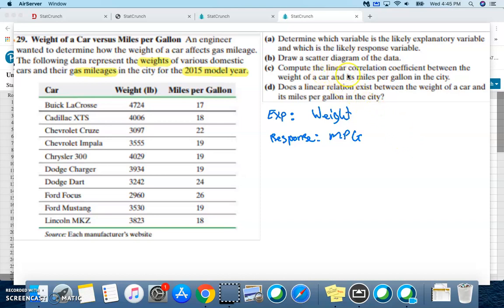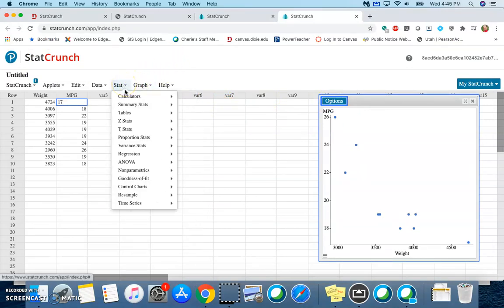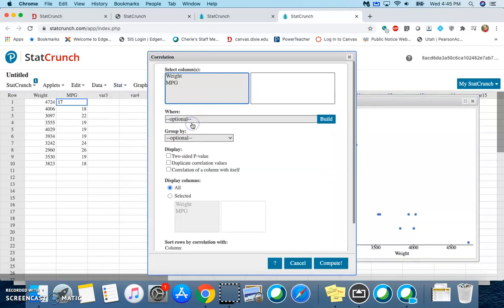Next we want to compute the linear correlation coefficient between the weight of the car and its miles per gallon in the city. If we come back to StatCrunch, I'm going to go under Stat, Summary Stats, and find Correlation.